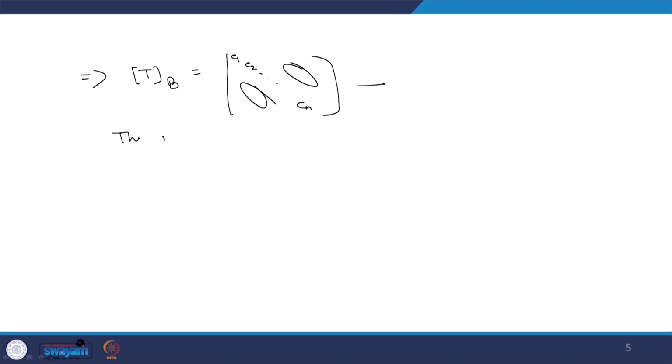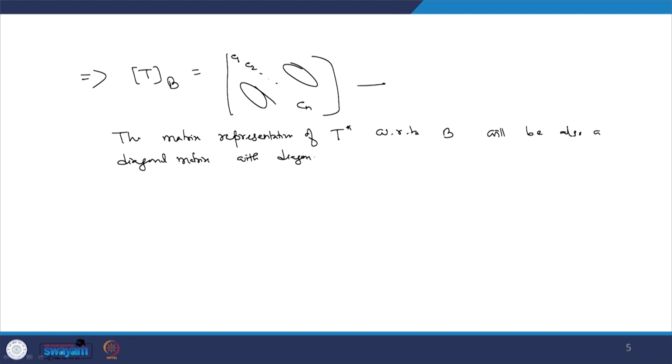The matrix representation of T star with respect to B will also be a diagonal matrix with diagonal entries c1 bar, c2 bar, ..., cn bar.